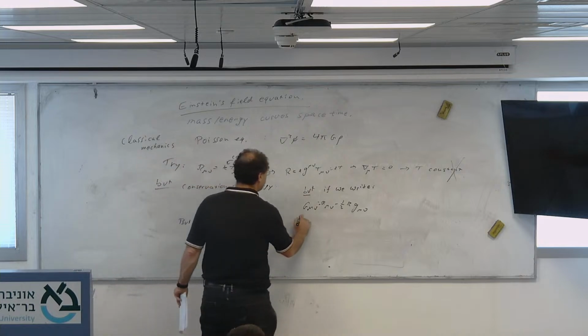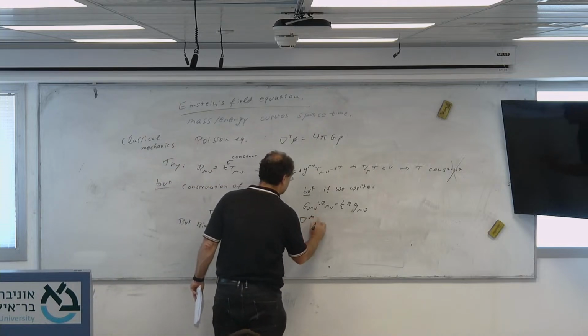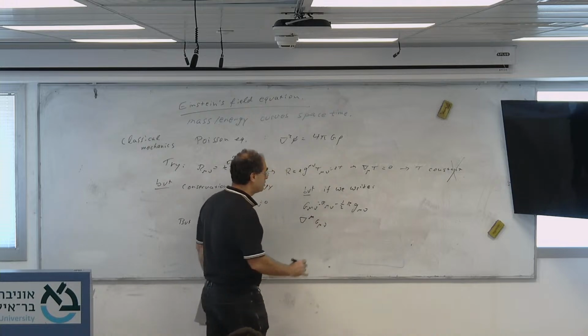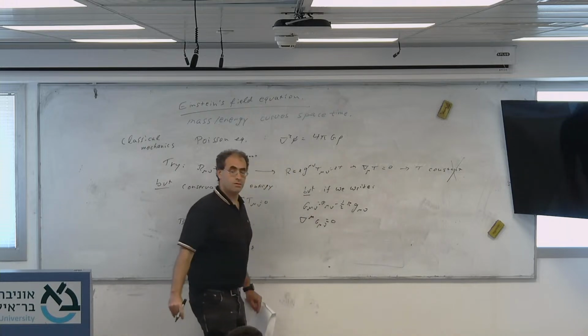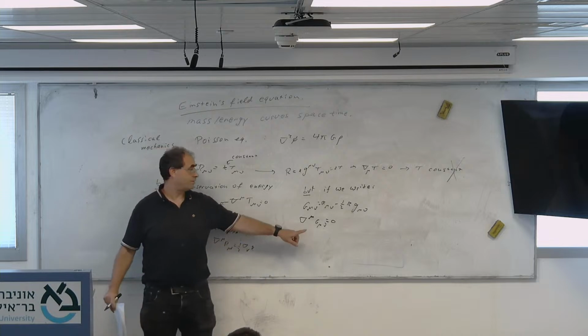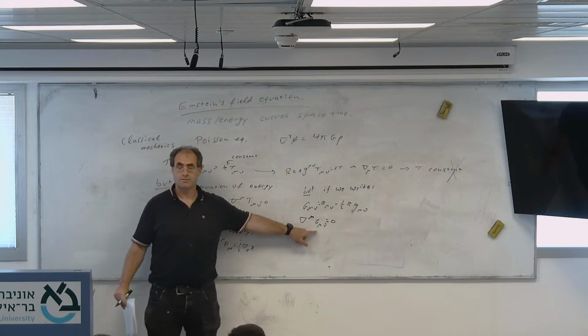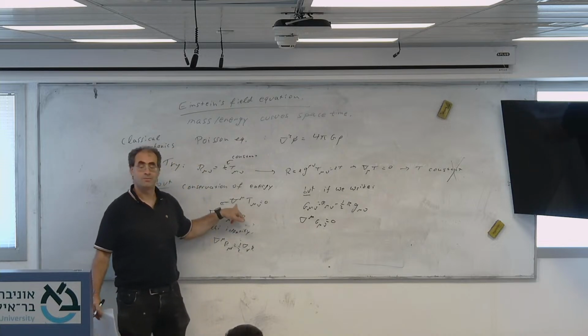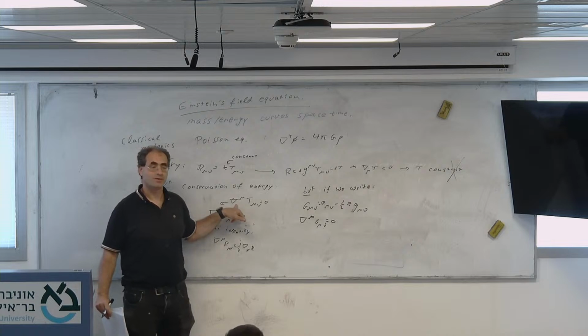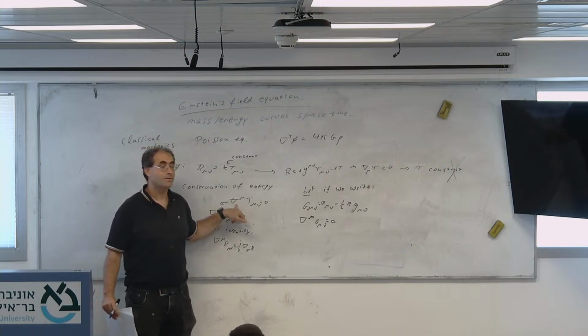What is nabla mu G mu nu? 0. By what? This is the Bianchi identity. But this also means what? It's in here. What is written? Conservation of energy.